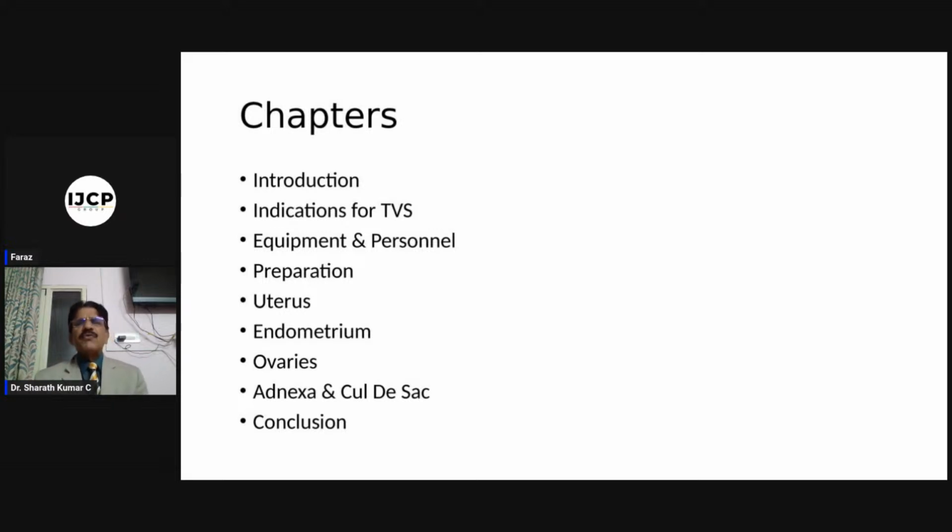Hundreds of cases are there where it was very challenging to diagnose. Many times, when we do only TVS, huge fibroids may be missed. In fact, if you go for TVS only during the assessment of an infertile lady, you may miss a fundal fibroid which has become an abdominal organ.